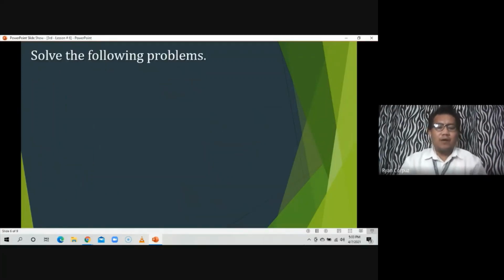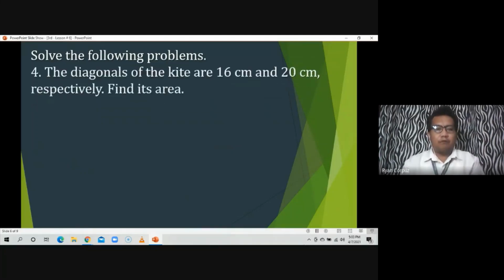We are now on example number 4, but this time, the given problems are written in words. So let's have example number 4. The problem is, the diagonals of the kite are 16 centimeters and 20 centimeters respectively. So find its area.